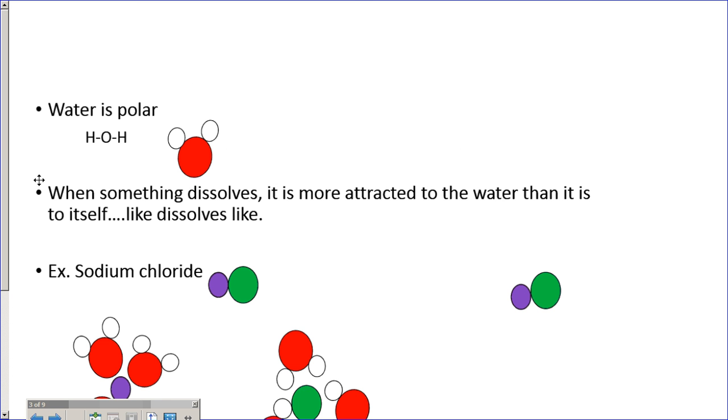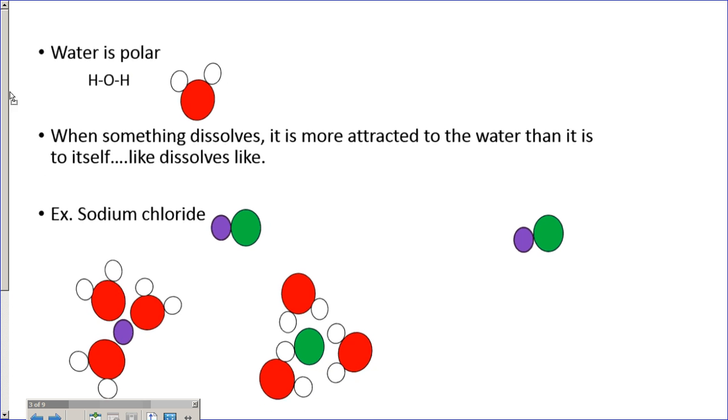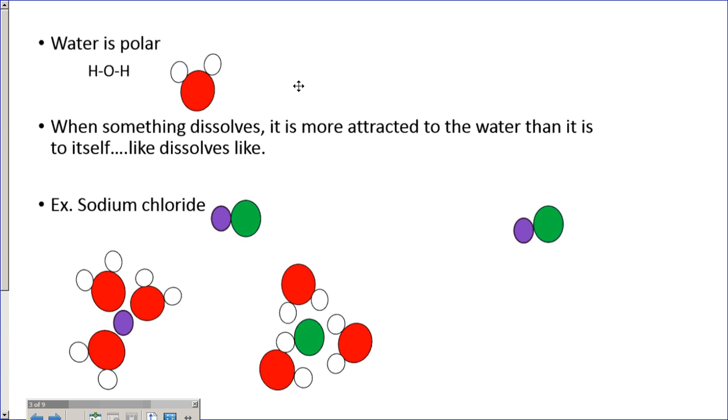Now, water is a polar molecule. If you look at the dot structure for water, I'm just going to draw that up here really quickly. Water is H2O. This is what we would have done in Unit 2. And because it has a lone pair, we would have predicted that this molecule is polar.